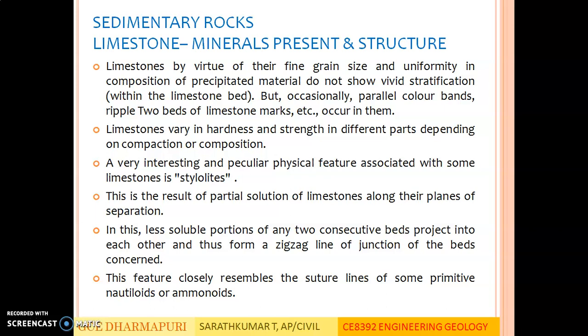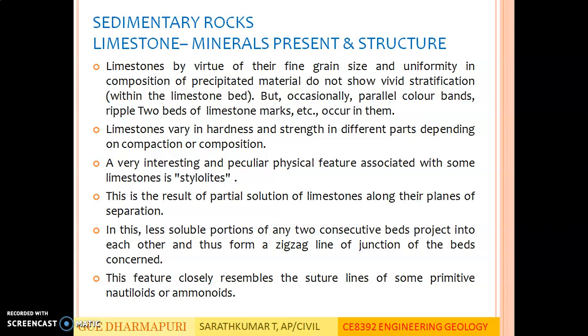A very interesting and peculiar physical feature associated with limestones is stylolites. This is the result of partial solution of limestone along their planes of separation. In this, less soluble portions of any two consecutive beds project into each other, thus forming a zigzag line of junction of the beds concerned.